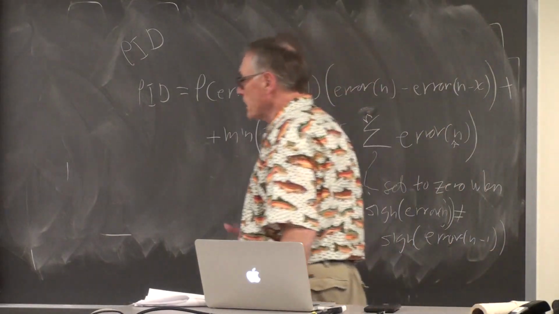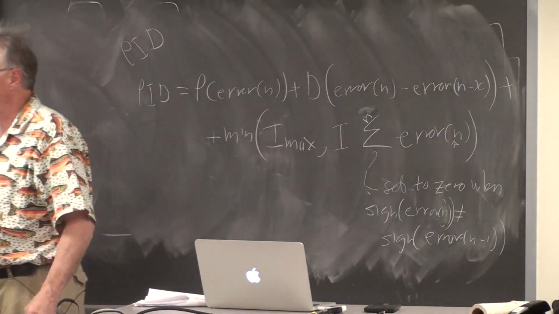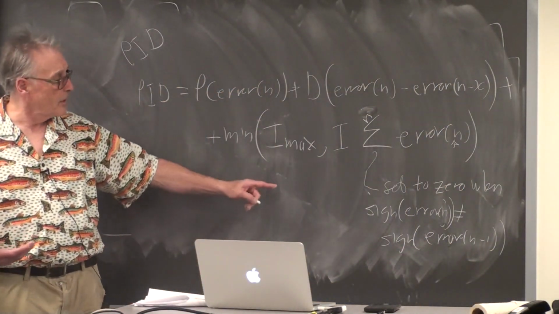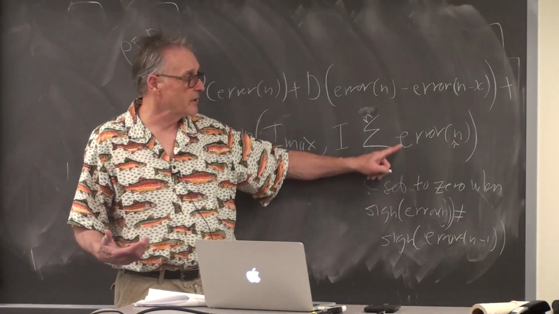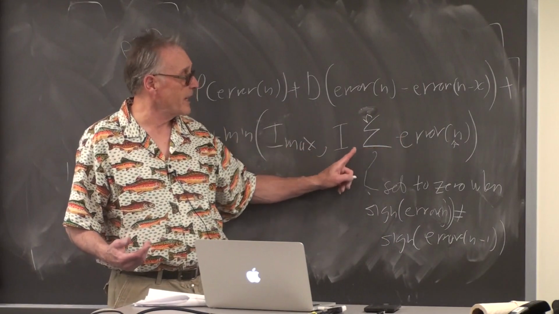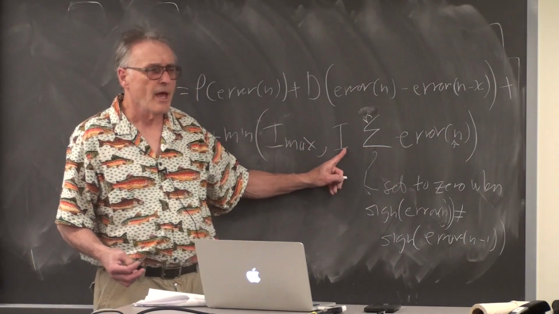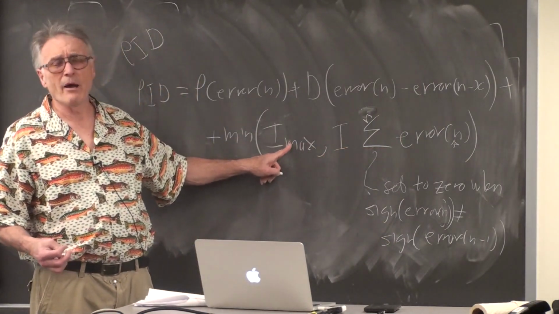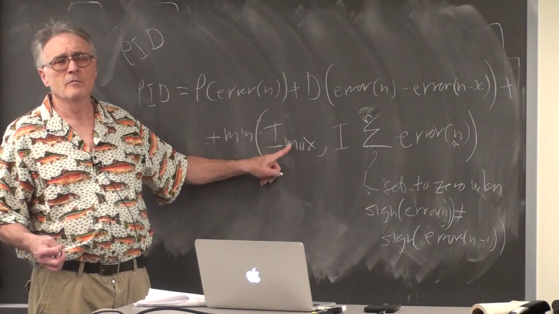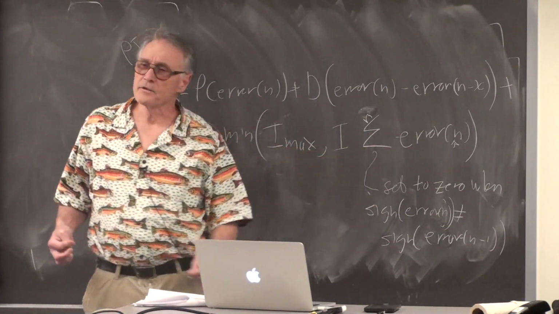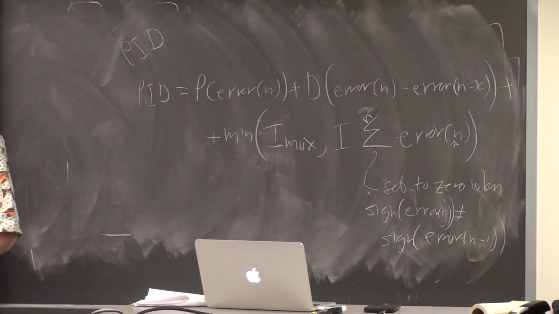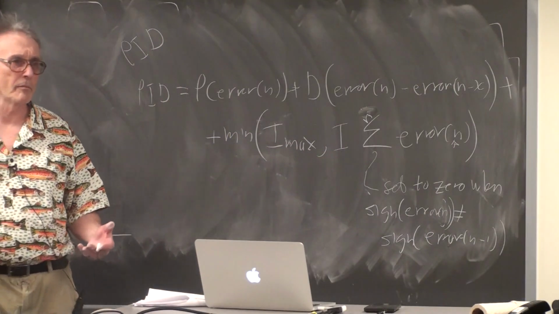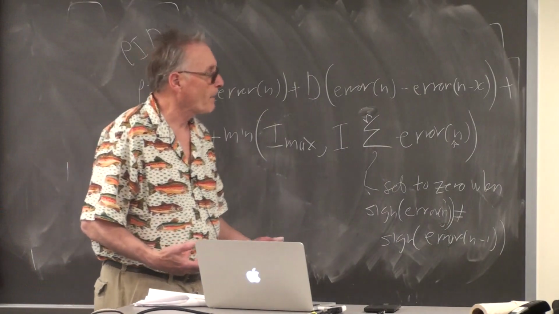So you're going to add together the last few samples from the time that the sign of the error changed until the current time, scale it by some integral term, and probably bound it to some I max, because integrals by their nature have a tendency to grow without bound, unless you reset them or control their value some way.